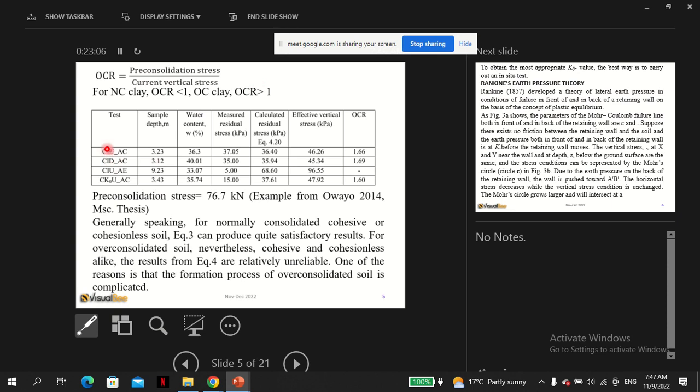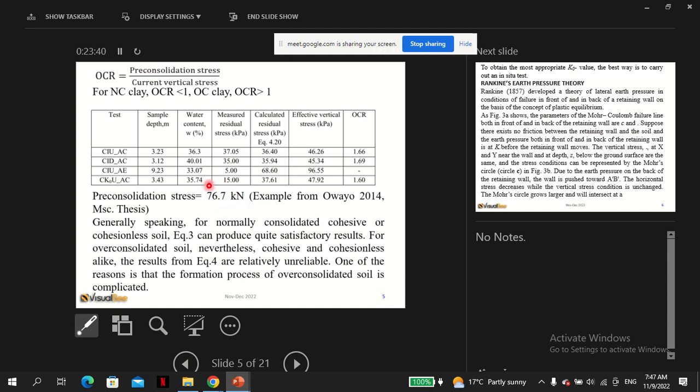Now these are part of the tests I showed you, whose stress path I showed you yesterday. This is from my MSc thesis. Ignore all the other columns except the effective stress column and the OCR, because this is what I want to demonstrate. For this sample, the pre-consolidation stress was 76.7.